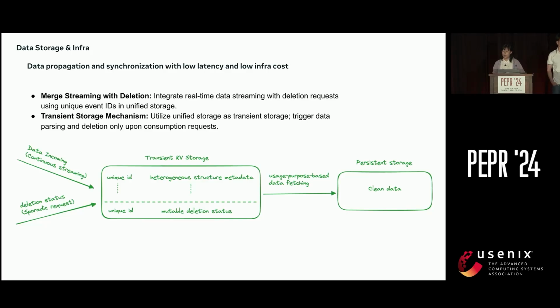In this way, we pass the clean data to the usage data stack and log it into persistent storage. This parsing-at-consume-time design is made possible not just by a change of design on the pipeline side, but also requires machine learning side changes. So I'll pass it to Lingwei, my colleague, to cover the next part on the ML side.